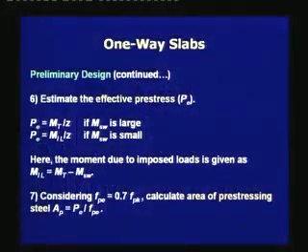The sixth step is to estimate the effective prestress, which we shall denote as PE. PE is equal to the total moment MT divided by Z if the self-weight moment is large, or else PE is equal to the moment due to imposed loads, which we are denoting as MIL, divided by Z if MSW is small.